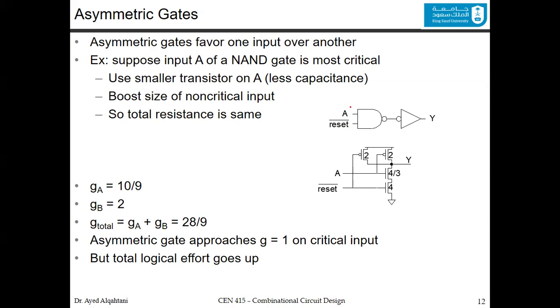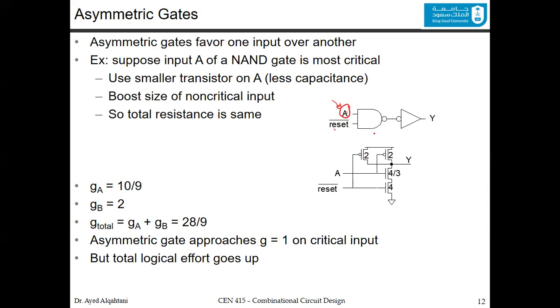What matters to me is this input, which is the real input, the A that changes based on the previous case. So since I know that I should favor this input, I will use smaller transistor on A, but to compensate for this, I will make larger transistors for this one.